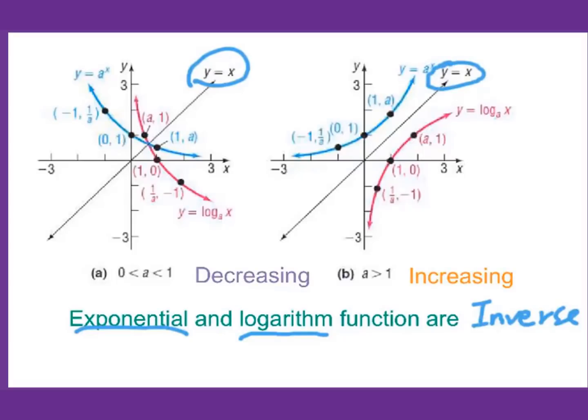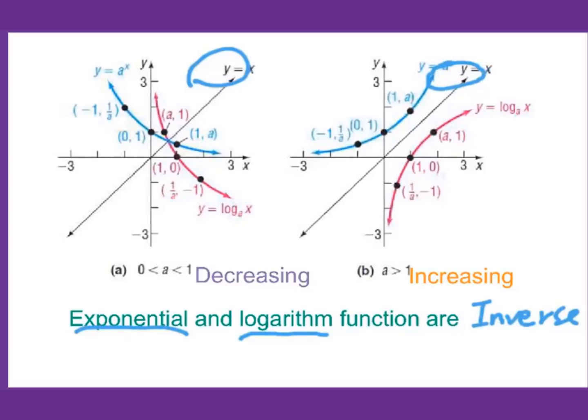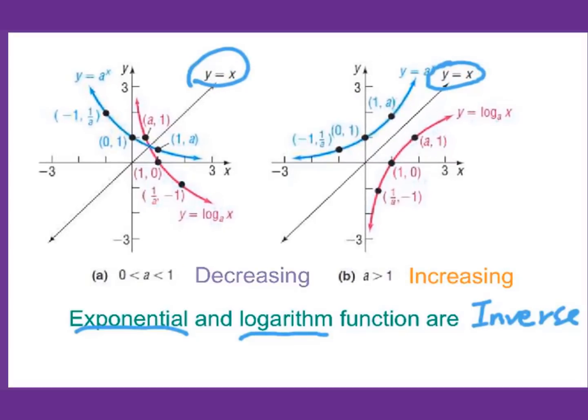Also from the graph, we could see when a is greater than 0 and less than 1, both logarithm and exponential functions are decreasing. When a is greater than 1, both exponential and logarithm functions are increasing.